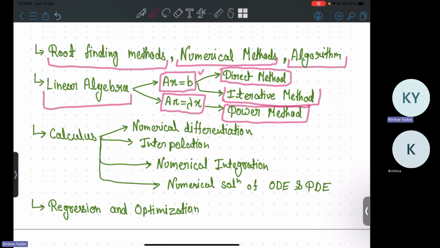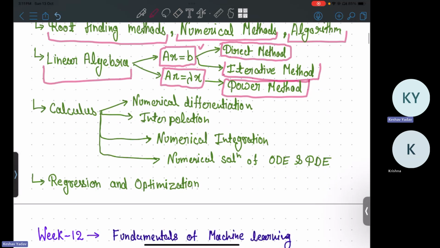Then we have seen the inverse power method, which can be used to find the absolute minimum eigenvalue and corresponding eigenvector. Then we can use shifting in the inverse power method to find the rest of the eigenvalues and their corresponding eigenvectors. Then we moved towards the calculus part, where first we covered numerical differentiation.